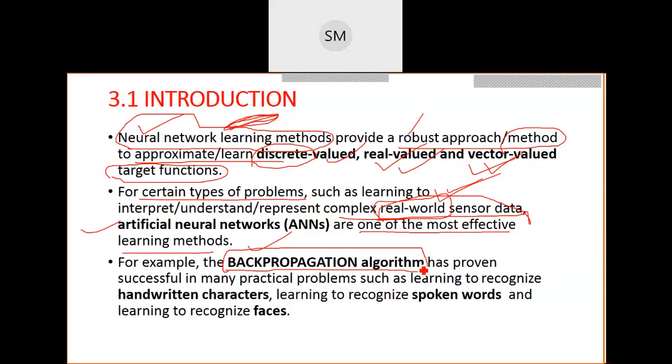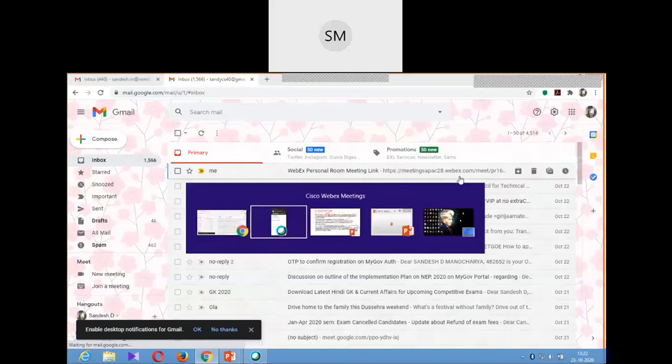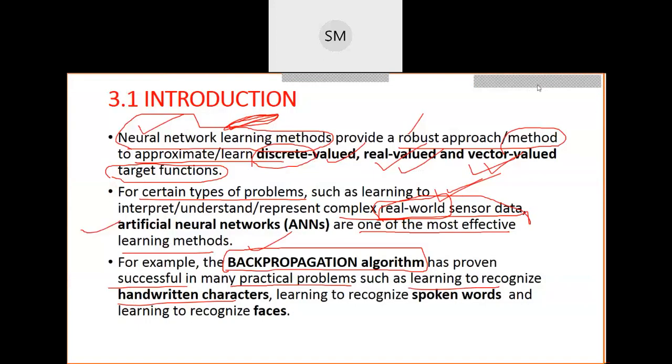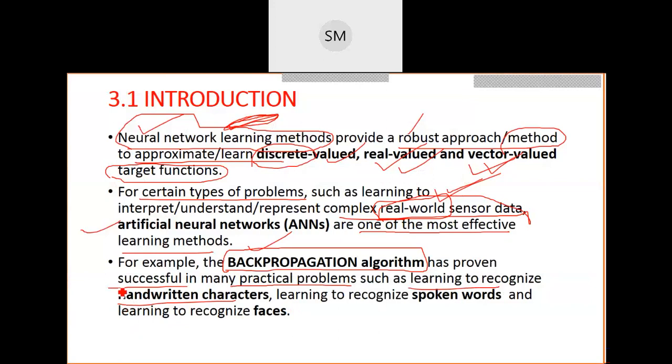This backpropagation algorithm is very successful in solving many practical problems, like learning to recognize handwritten characters. I think I showed you in the introduction class, on the first or second day of this subject, some handwritten characters being identified.